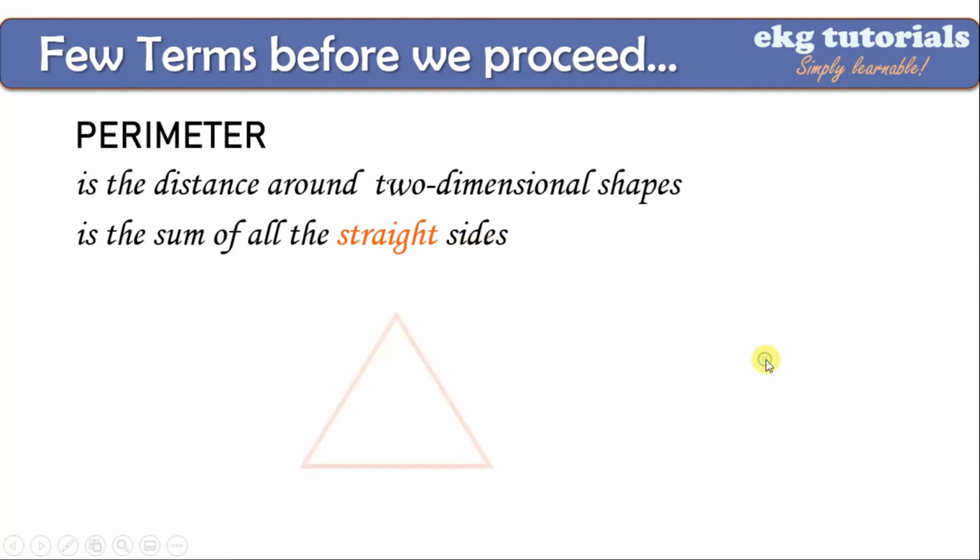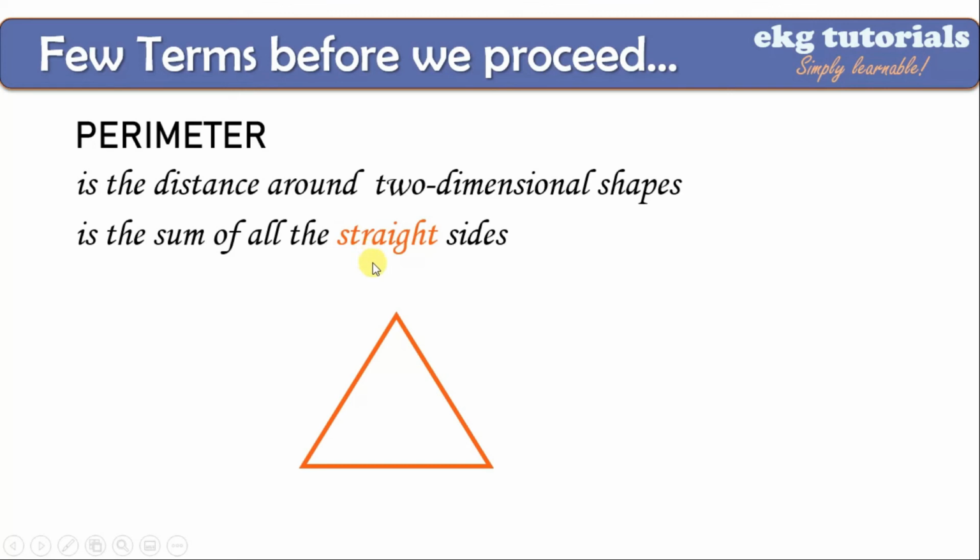So if we have this triangle here, to solve for the value of the perimeter, since it is the distance around a two-dimensional shape, in this case a triangle, we just add or take the sum nitong tatlong sides na ito. There is a highlighted word here, straight.